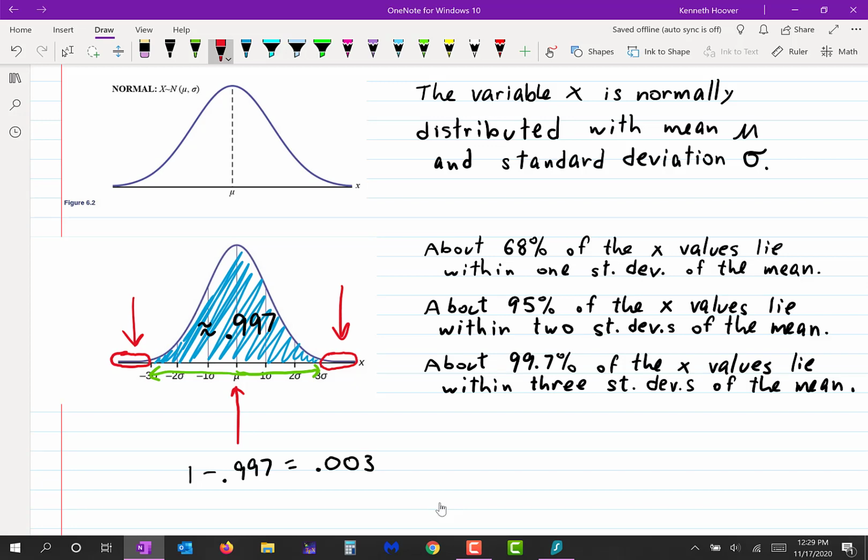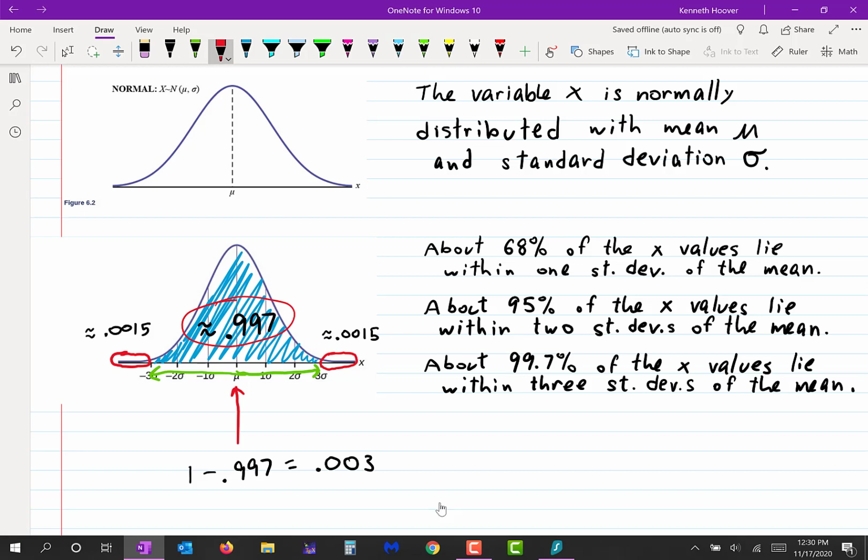If you divide that in half, then that is 0.0015 for each of those areas. This is approximately.